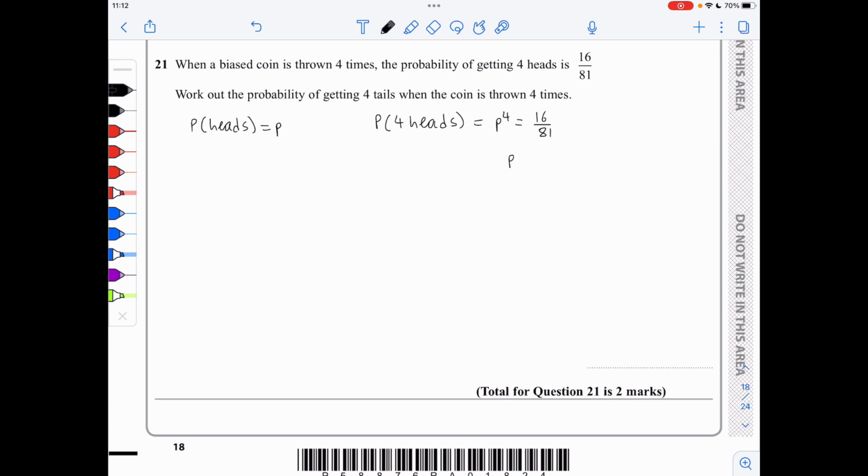So this means that p is the 4th root of 16 over 81, which is 2 over 3. So the probability of 4 tails is simply the probability of getting tails raised to the power of 4. So it's 1 minus 2 over 3 to the power of 4. So it's a third to the power of 4, which is simply 1 over 81.